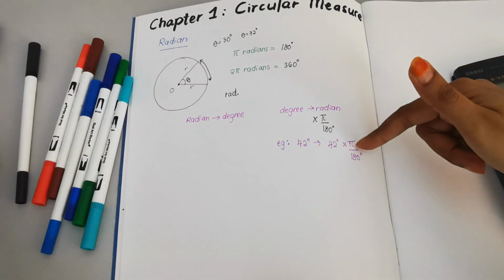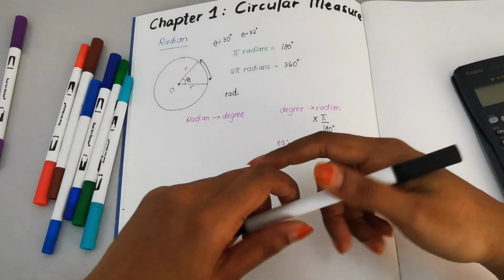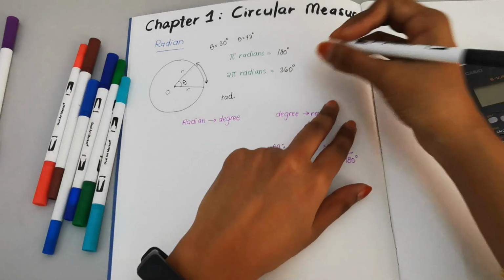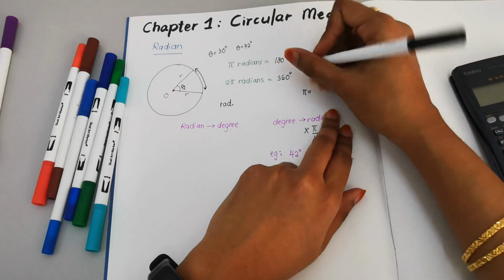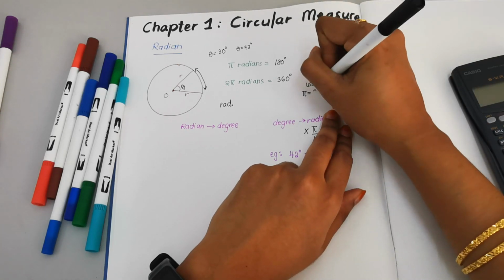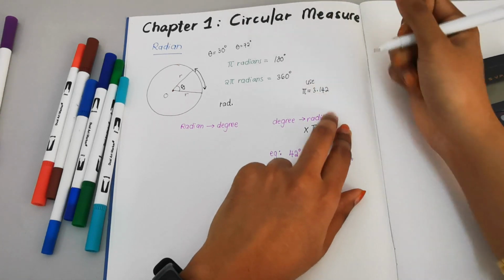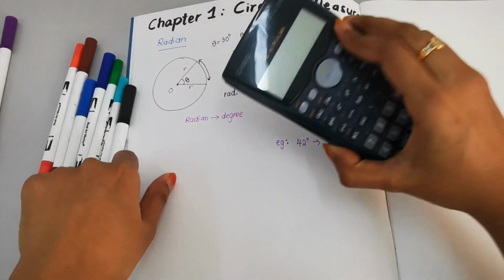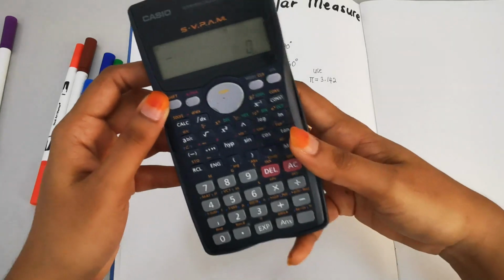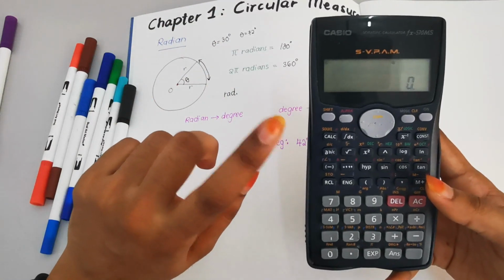If it is stated in the question to use pi 3.142, then we use pi 3.142. If not, you can always take your calculator and straight away key in the value.